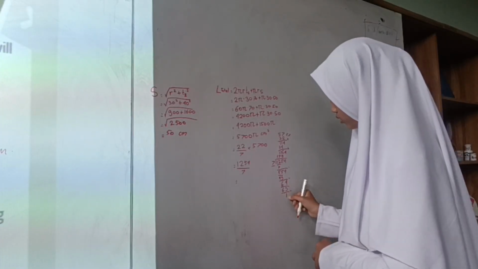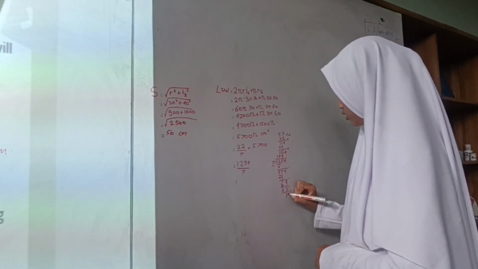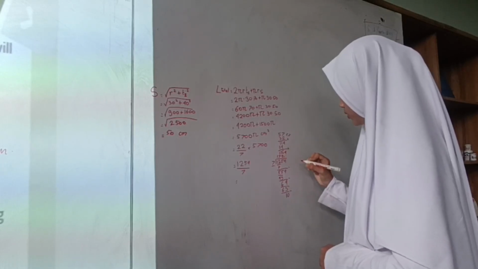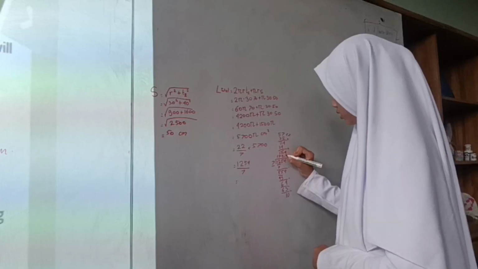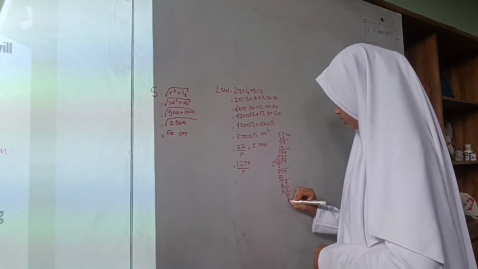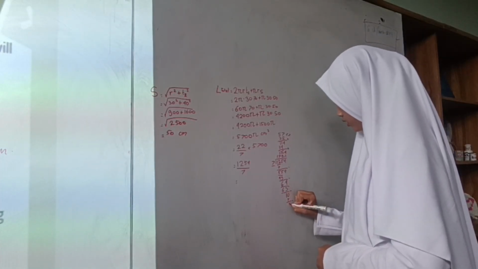It just staying with 1, so we will give 0 here and a comma here, which is 10 divided with 7, which is 1, and it's 3.